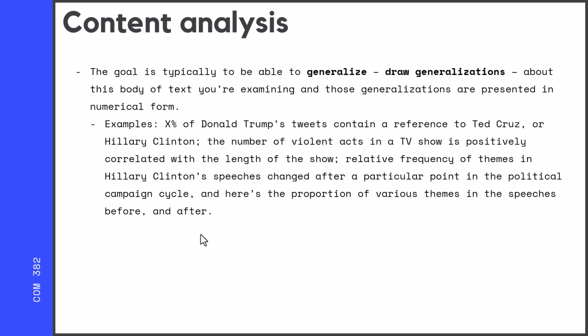Or the number of violent acts in this TV show is positively correlated with the length of the show. Or the relative frequency and themes in Hillary Clinton's speeches changed after a particular point in the campaign, and here's a proportion of different themes in the speeches before and after. So you're trying to generalize from the body of text that you're analyzing about what is true about the text.